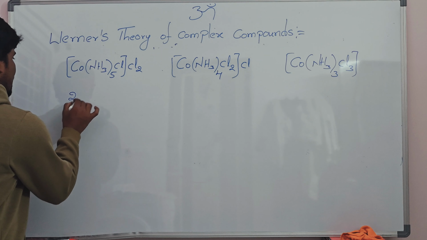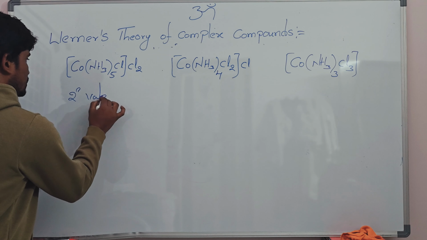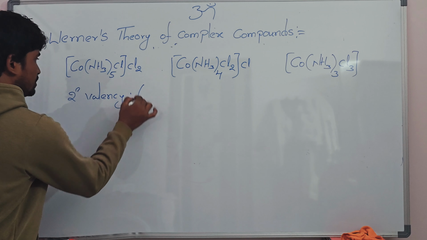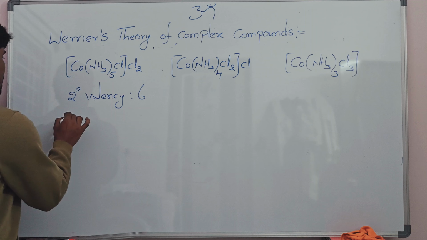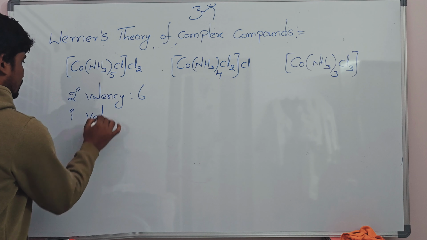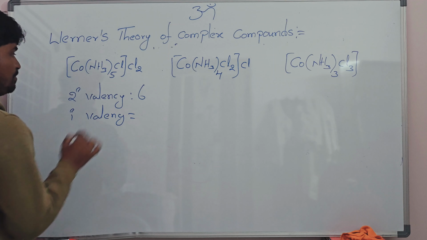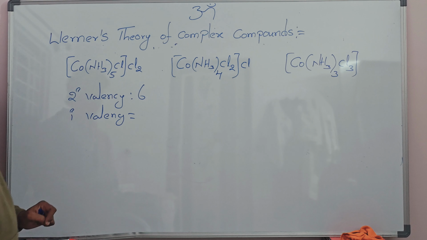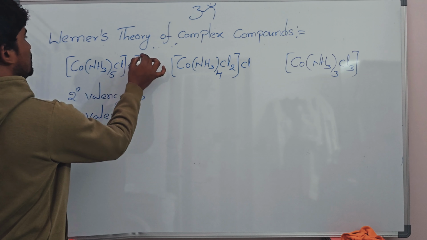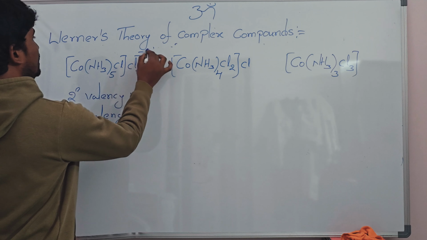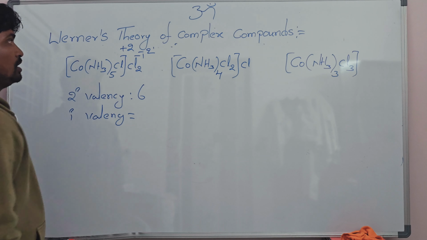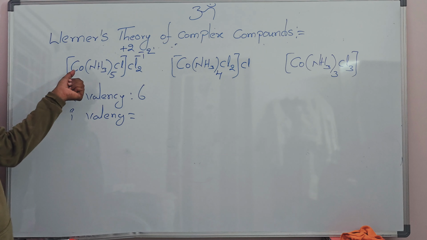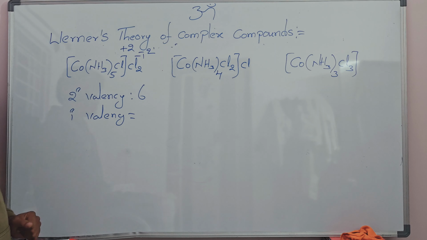So the secondary valency here is 6. What is the primary valency of this complex? Primary valency depends upon the ionic sphere, that is, what ions are present outside. Here Cl is present, the number of Cl is 2, so here the charge is -2 and here +2. The whole charge on the complex sphere is the sum of the metal and ligand charges.